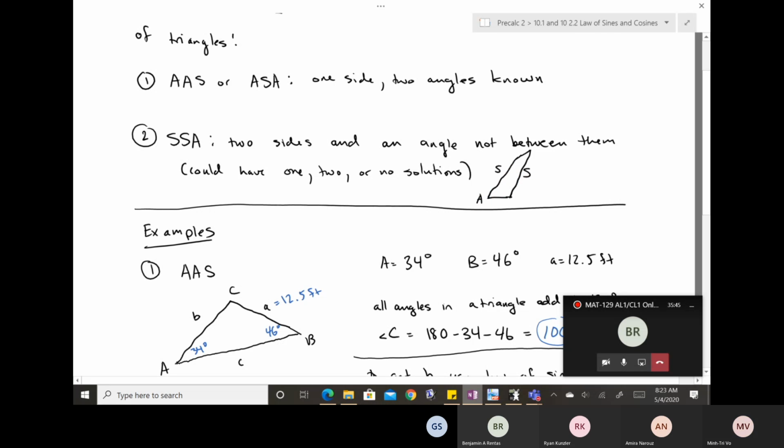So I can draw this triangle this way, or I can spread the side on the right farther out. So that looks kind of like this.